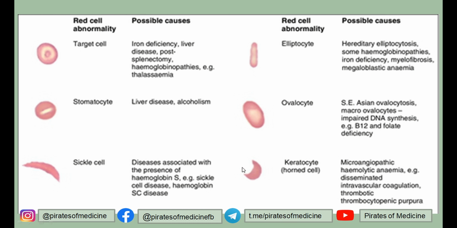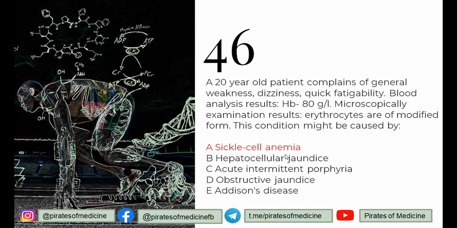So there are other shapes as well, but we'll focus on these only. According to the question, out of these options, only sickle cell anemia has a modified erythrocyte shape. That is why the answer is sickle cell anemia.